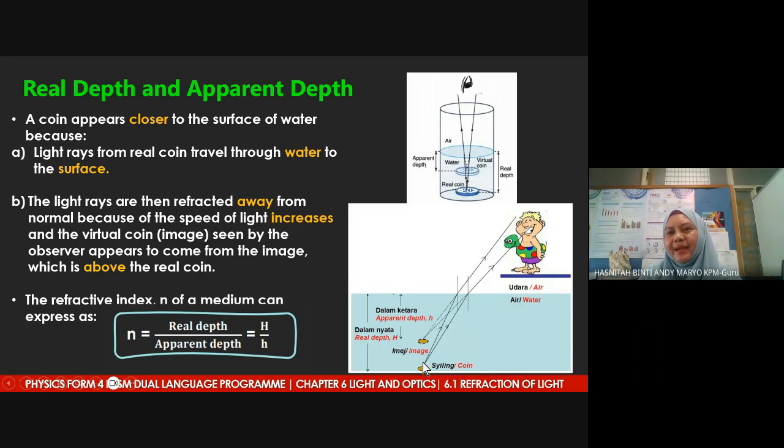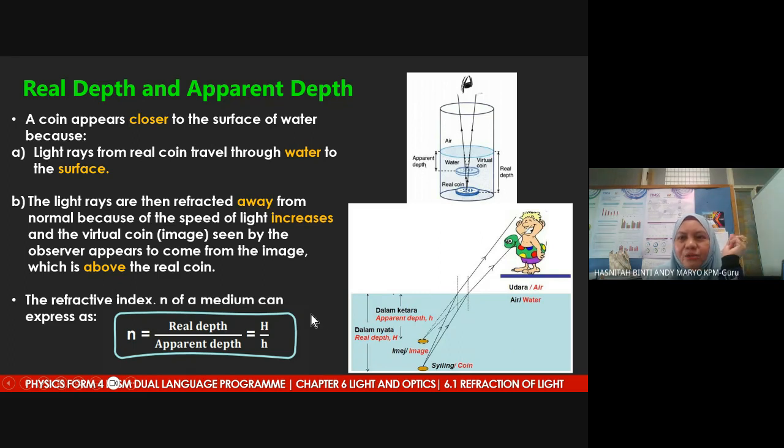The light ray coming from the coin comes out to the air. You can see it refracts away from the normal and enters the eyes of the observer. As light travels in a straight line, this dotted line we draw shows the formation of the virtual image, which is shallower than the actual object.